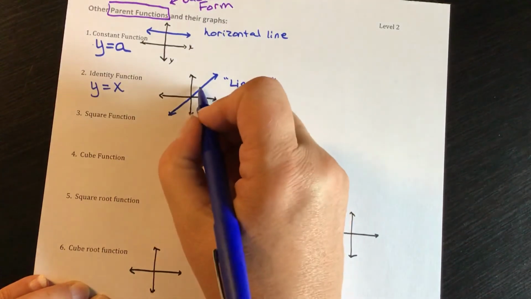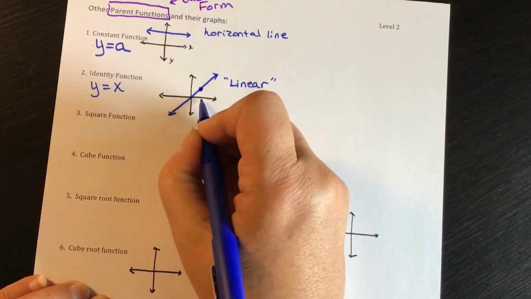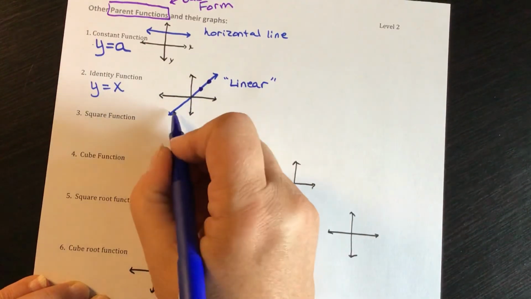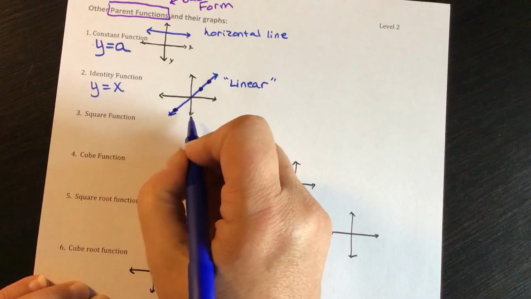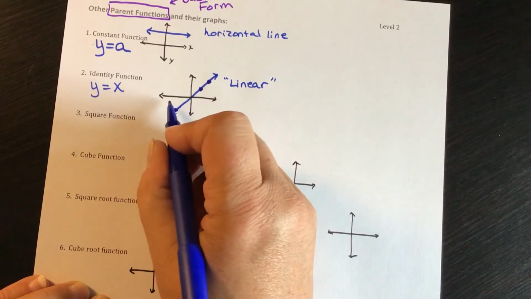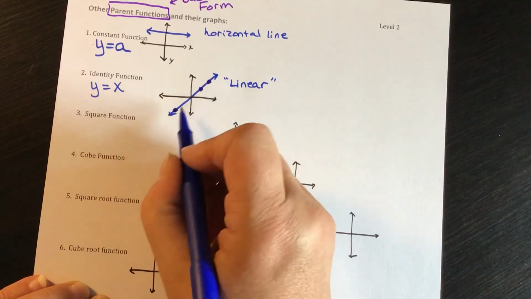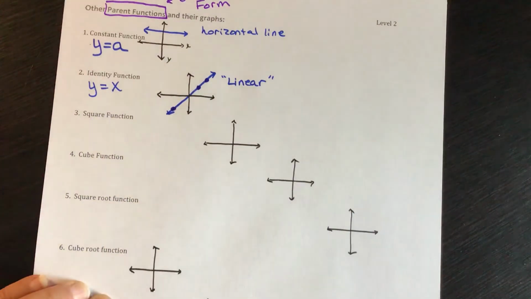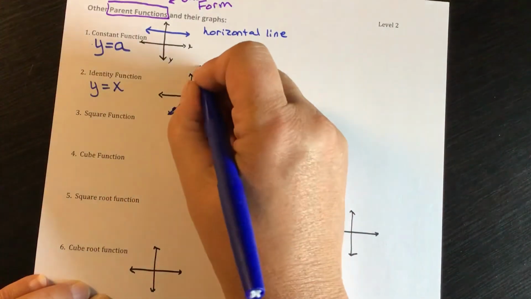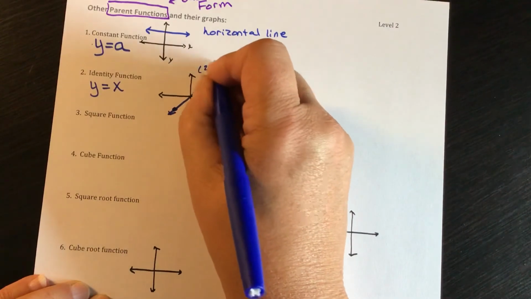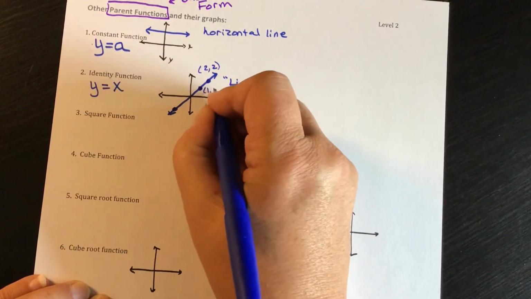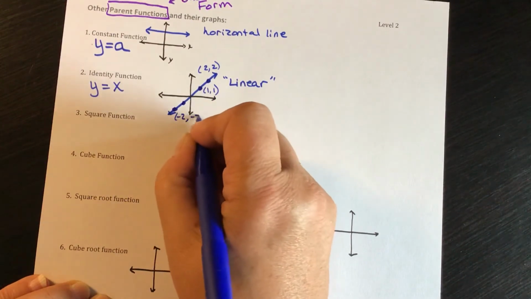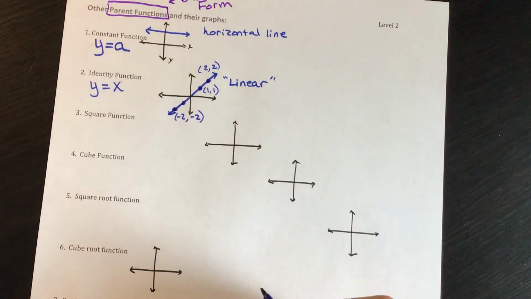Okay, so if I look at this point right here, this might be over 1, up 1, over 2, up 2, down 2, over to negative 2, down 2. So whatever y is, x is the same value. Okay, so this is 2, 2, 1, 1, negative 2, negative 2. X and y are the same value.